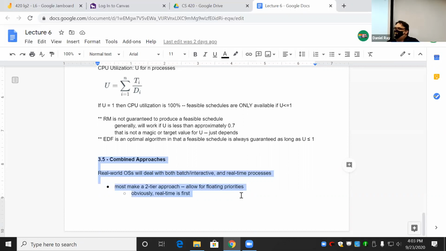So generally, you do real-time processes and you give all of those priority and you have a schedule for real-time processes. And then you have batch and interactive processes that are kind of secondary. They don't have to meet a hard deadline, and you use a different algorithm or set of algorithms to process those. 3.5 kind of covers that material.